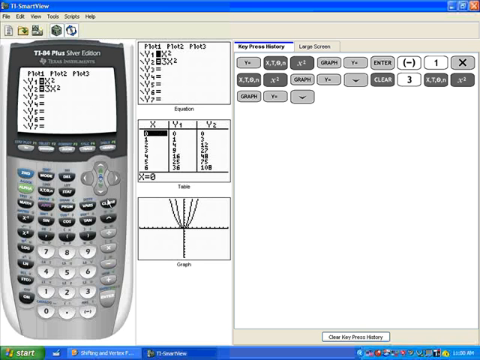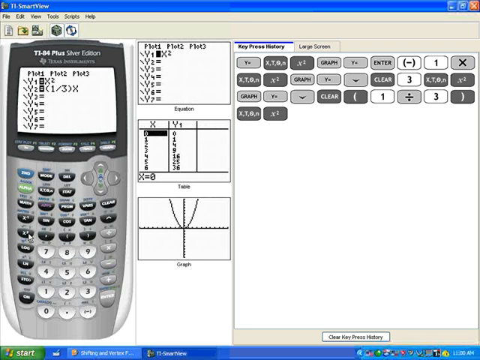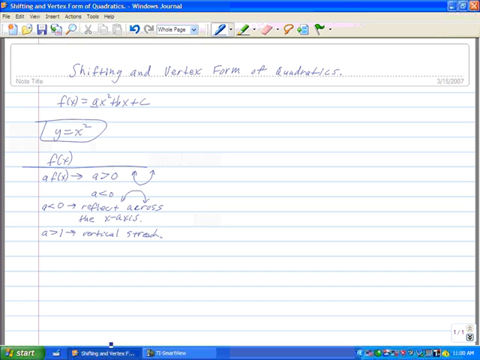Now, if we were to go back yet again and take the 3 and replace it with a 1/3, and you can try different values on your calculator and you'll see the result for yourself. Again, the original graph is drawn and a wider graph shows up.